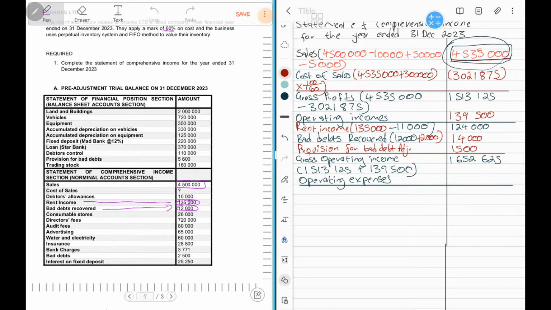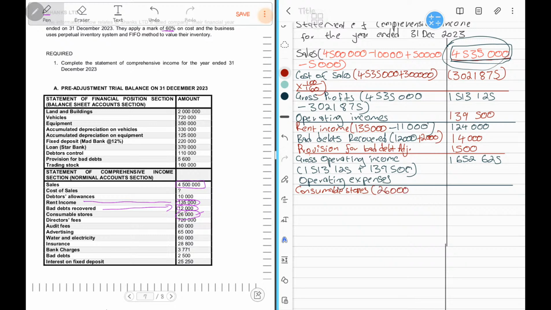So we're going to start from the consumable stores. Remember the first step, open the bracket. Second step, plug the amount. So here we're going to plug 26,000.